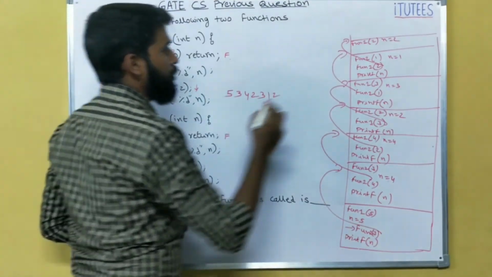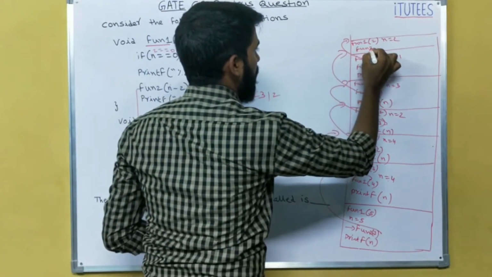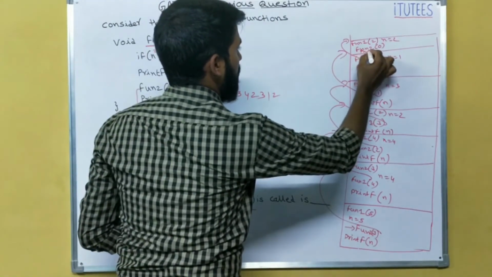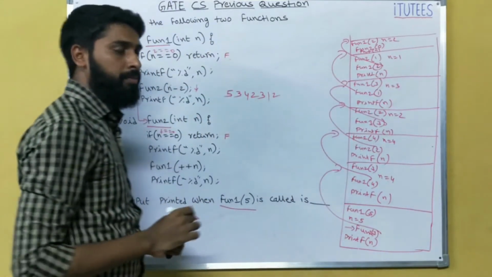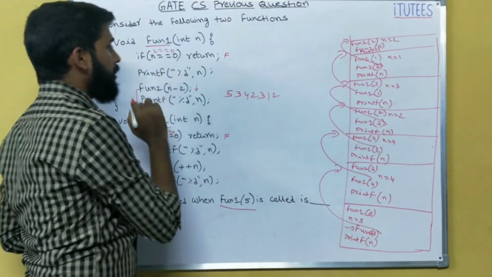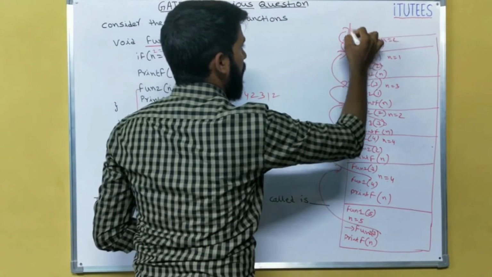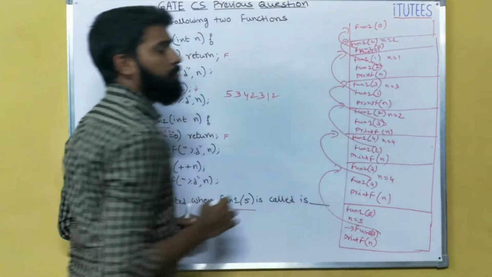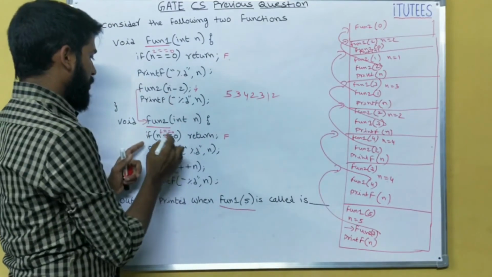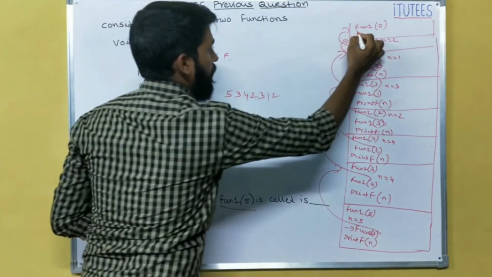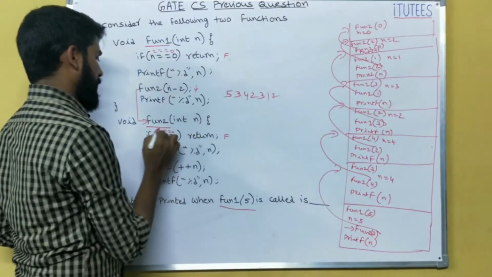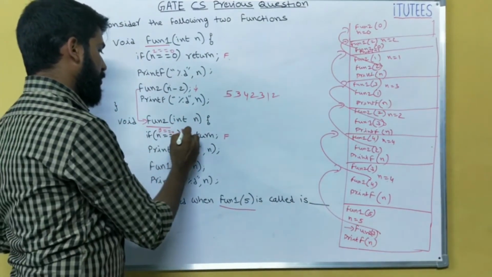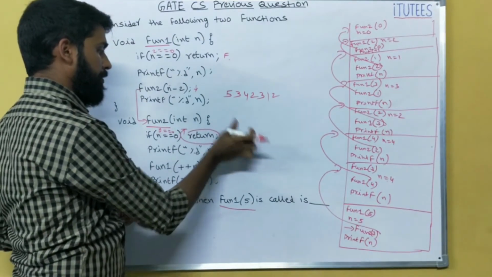After that, function 2 of 2 minus 2, that is 0, and printf n is the balance instruction. Now function 2 of 0 is called. n equals 0, 0 equals 0, it is true, so go to return.